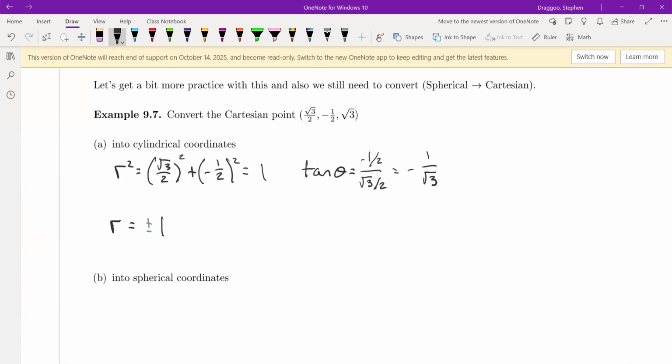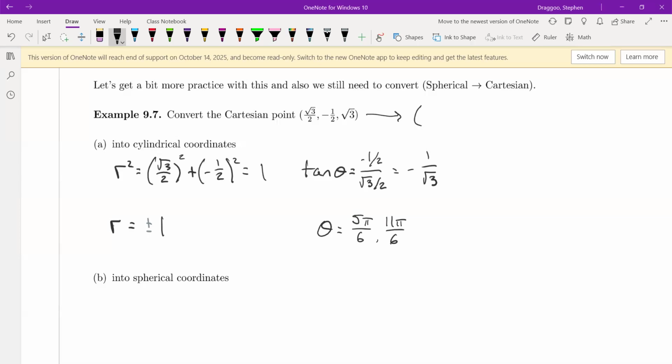I've also got to figure out where theta is equal to negative 1 over square root 3, which will happen at 5 pi over 6 and at 11 pi over 6. I'm just grabbing these angles off of the unit circle, because I still have that in the brain pan.